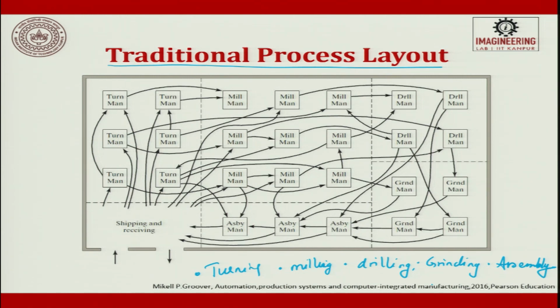So, here if you see, the machines are grouped based upon the similarity in the manufacturing process. If I draw and if I want to write the entire thing into different work centers, I will just write it like this: turning work center, milling work center, drilling work center, grinding work center, assembly station, in and out of, or I can state as stores.